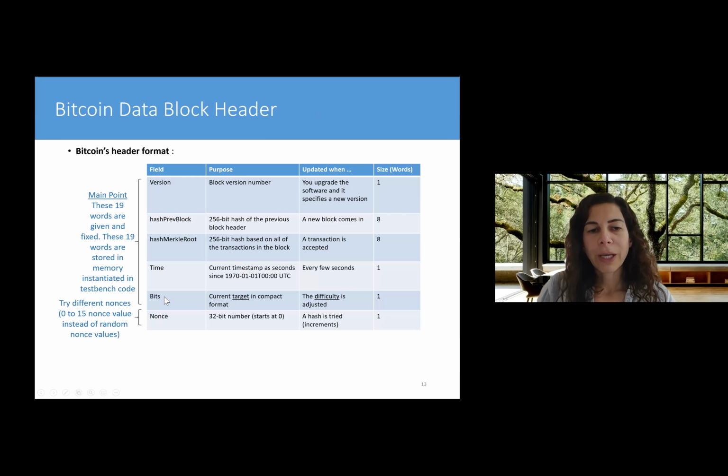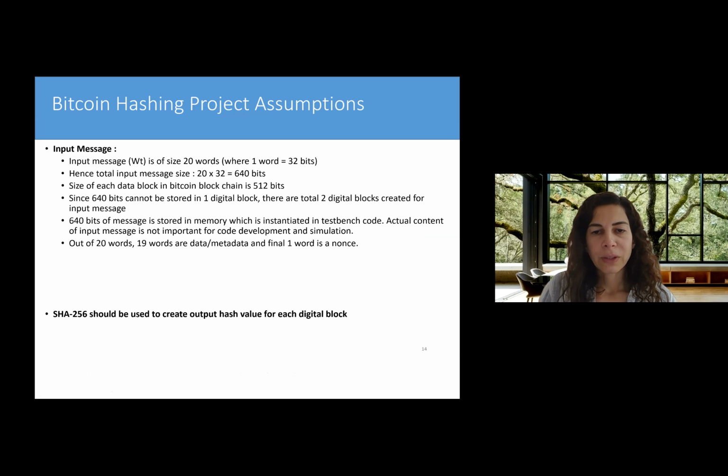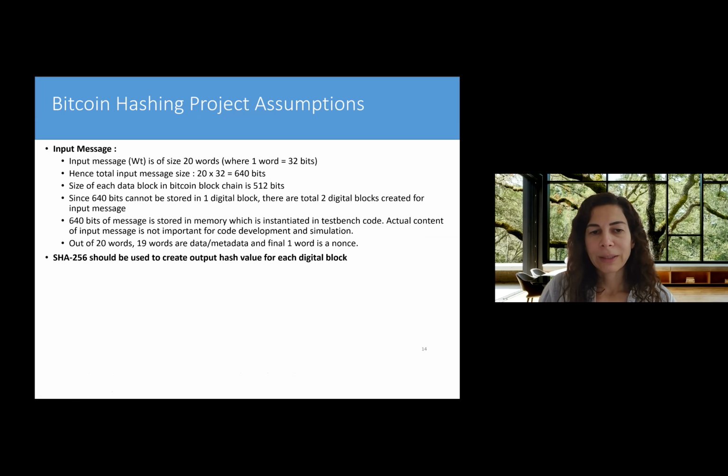Every time, the first 19 words are stored in memory, and these are metadata. These are not the data that we are going to change. The only thing that we are going to change is this last word, which is the nonce.